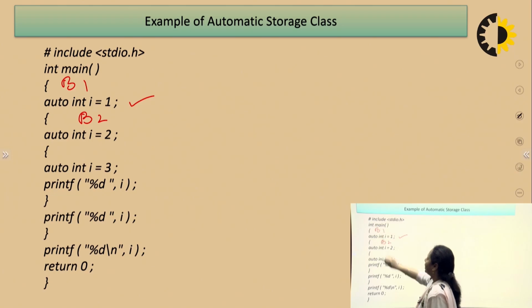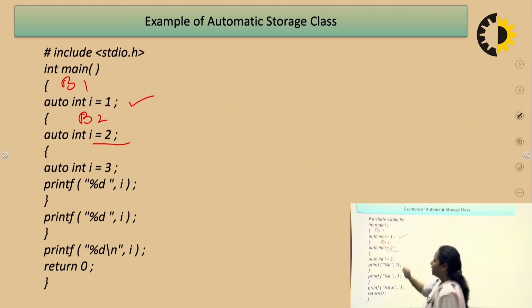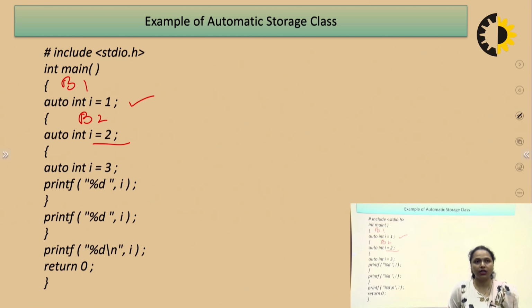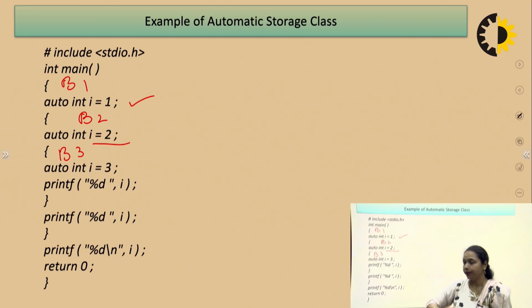This is block 1. Now block 2 is being created over here and it is written i equals 2, and the storage class used is auto. Next, block 3 has been created and it is written i equals 3.